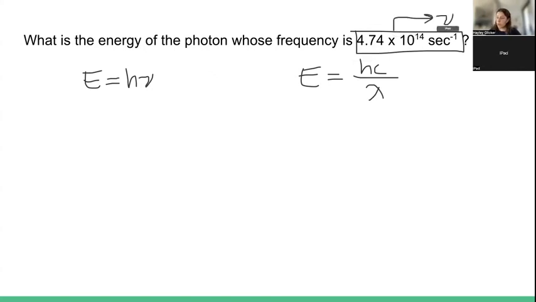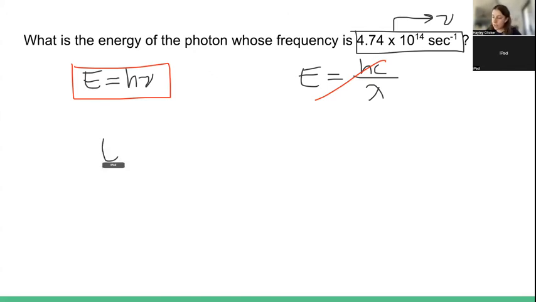So I'm going to utilize this first equation and not the second. You could do one extra step and solve for the wavelength, like how we just did, and then plug in the wavelength. But based off of the information given, let's utilize our first equation here.